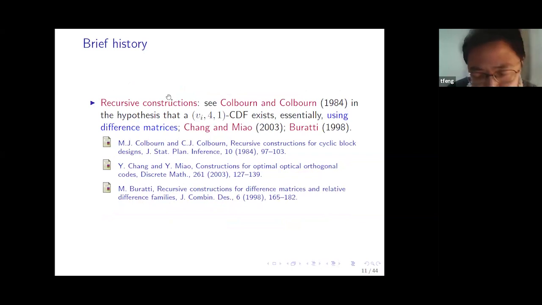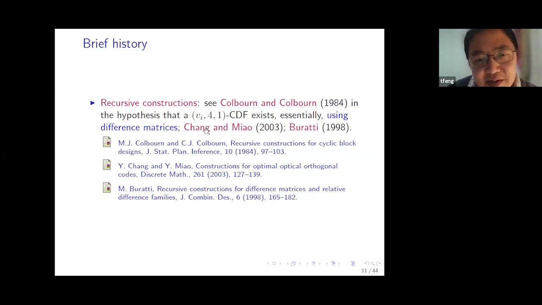Anyway, there are many recursive constructions I will not mention in this lecture. I just mention several references. Most of the standard recursive constructions can be found in Colbourn and Colbourn's paper in 1984. Essentially, the tool they used is named difference matrices. In my second talk on April 2, my main research topic is on difference matrices.